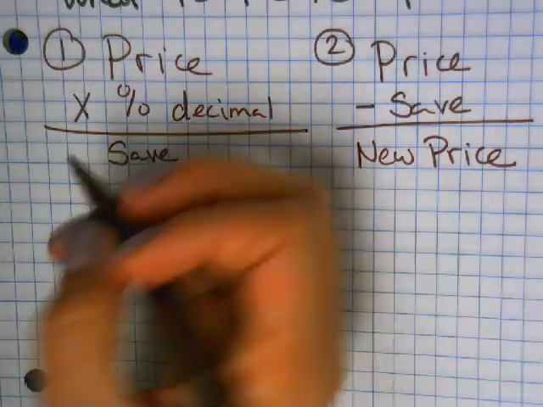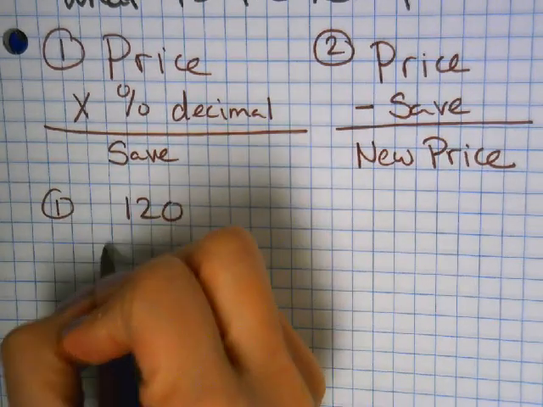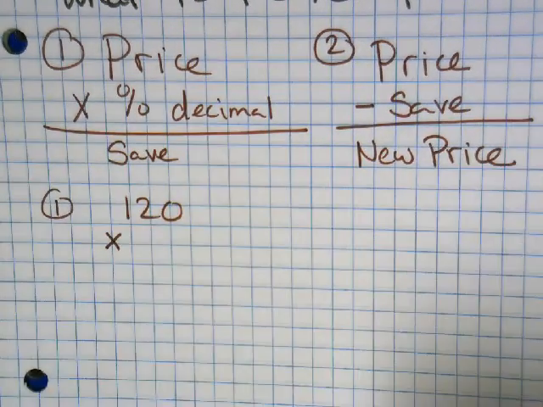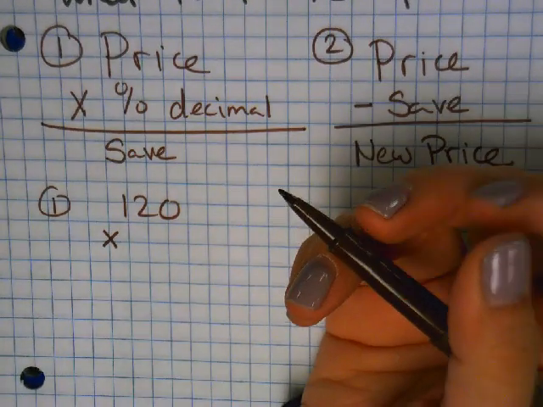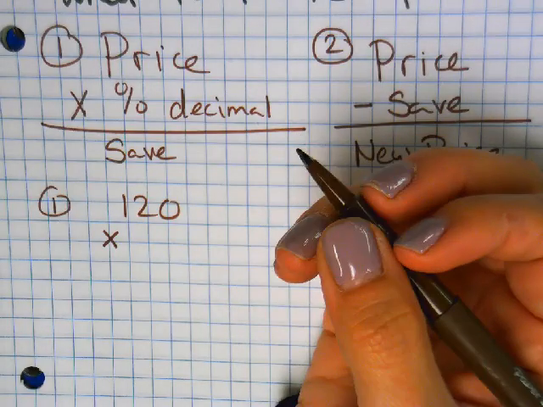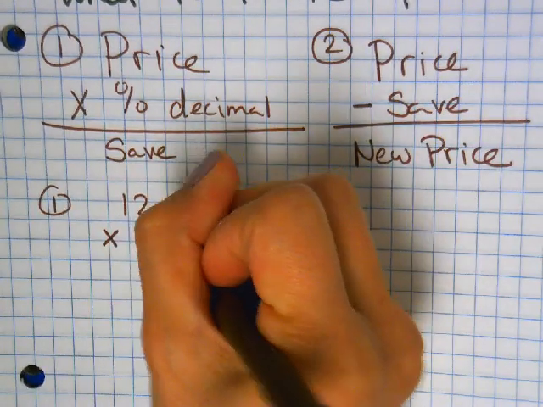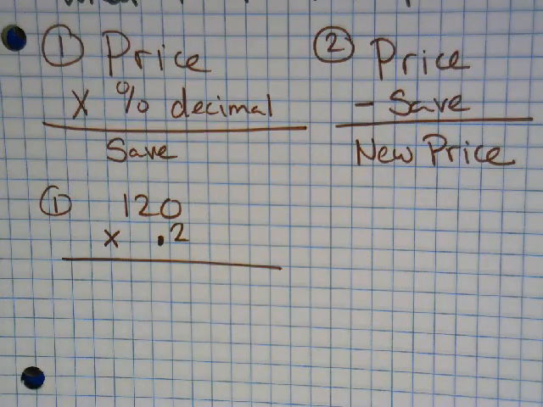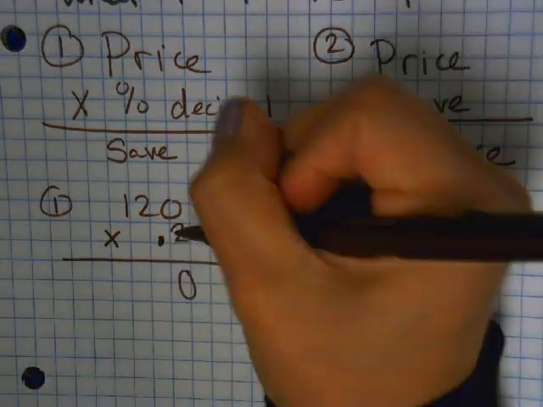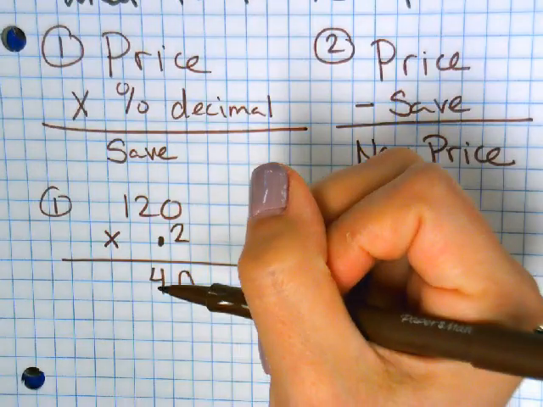Okay, so step number 1, take your 120 and multiply it by your percent written as a decimal. My percent in my problem was 20%. So what is 20% written as a decimal? 0.2. Okay, so let's multiply. 2 times 0 is 0, 2 times 2 is 4, 2 times 1 is 2.